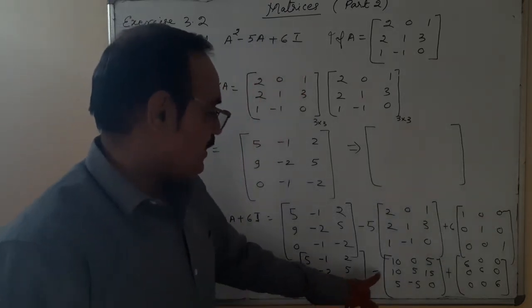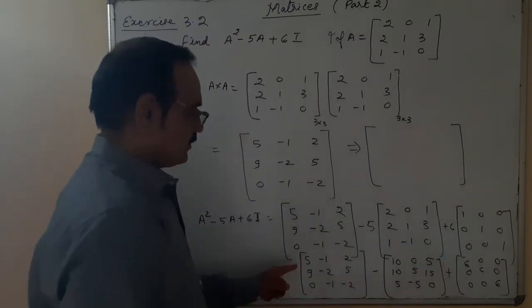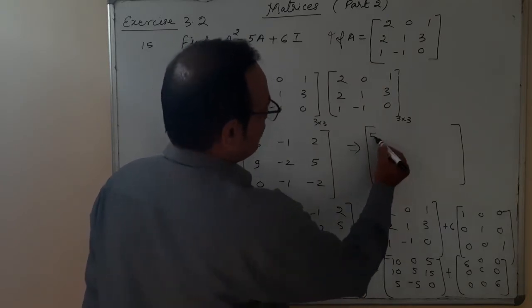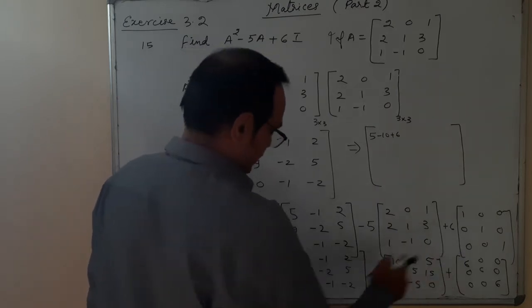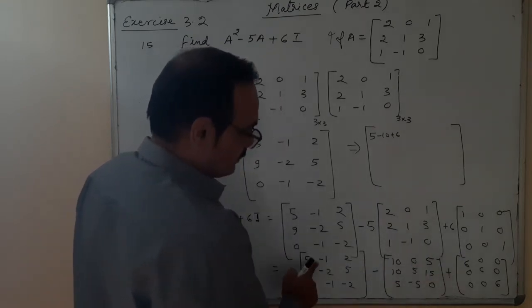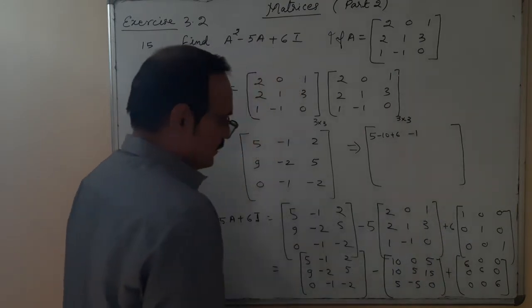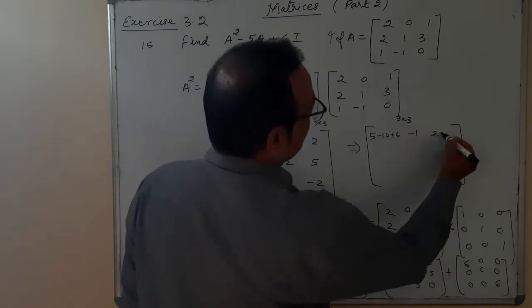5 minus 10 plus 6. What is coming? 5. Okay, I am writing here 5 minus 10 plus 6. Second, minus 1, 0, and 0, so it is minus 1. Third one, 2 minus 5 plus 0.